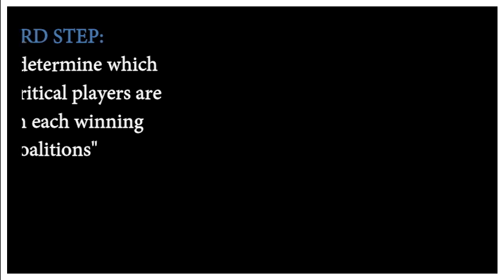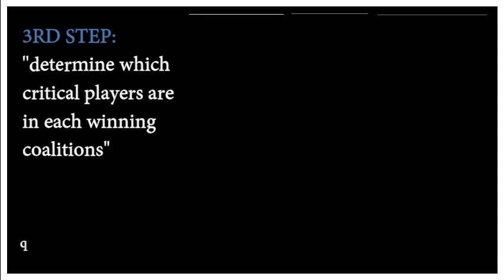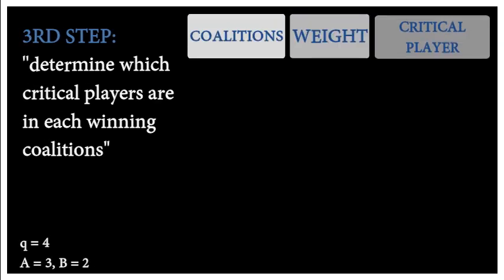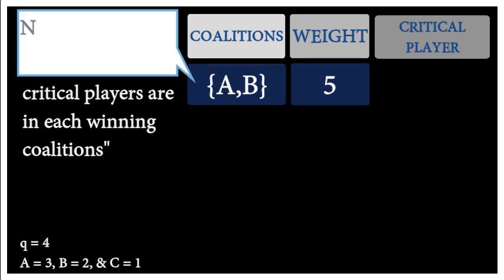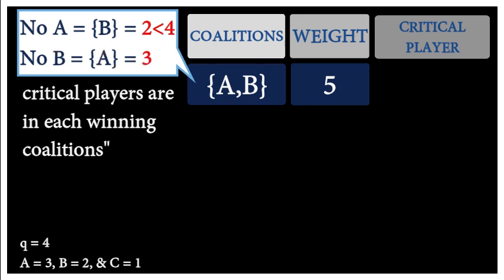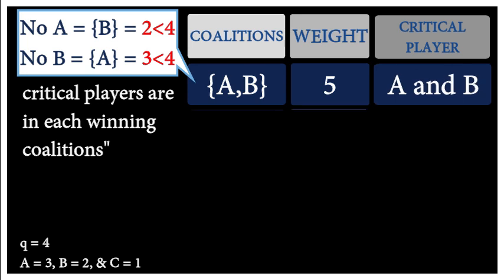The third step is to determine the critical players in each winning coalition. This is best achieved by trying to remove players from each coalition one at a time and examine the remaining coalition. For example, for coalition AB, if we remove A, we are left with B, which is a losing coalition, and the same is true if we remove B instead. Thus, A and B are both critical players.